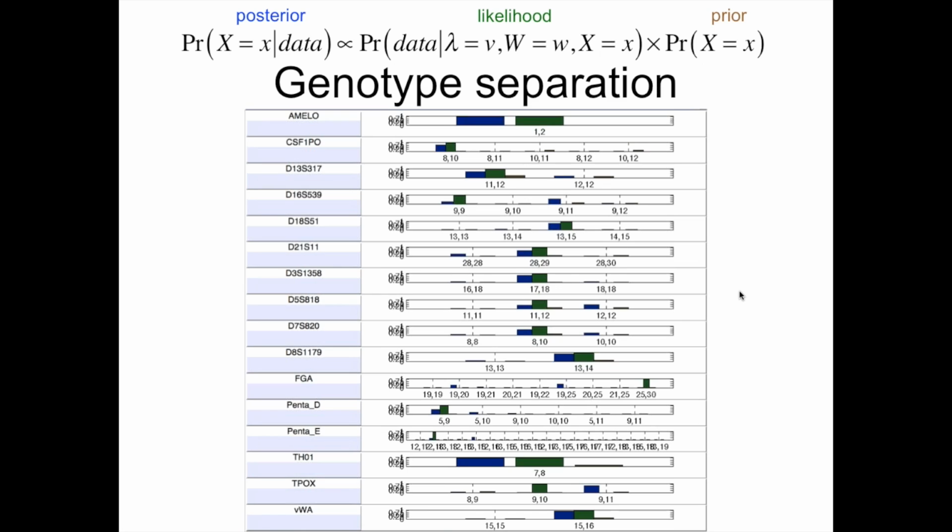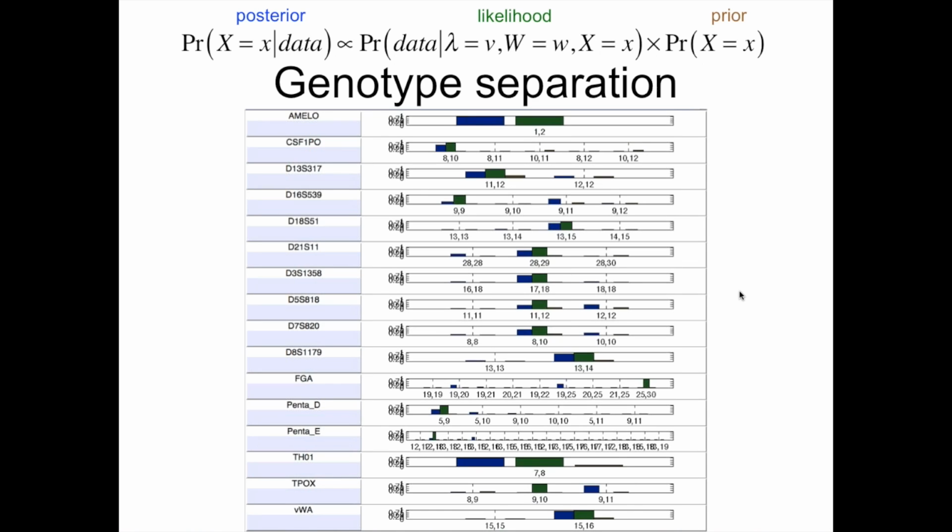The result in the genotype separation is that, looking at the second contributor, the posterior distribution, the probability distribution over the allele pairs for each locus of the unknown contributor, given the data, is proportional to the likelihood, which is how well the data is explained by lambda, the decay factor, W, the mixture weight, as well as the genotypes that are used and other variables like stutter and so on, times the prior probability of the genotype.